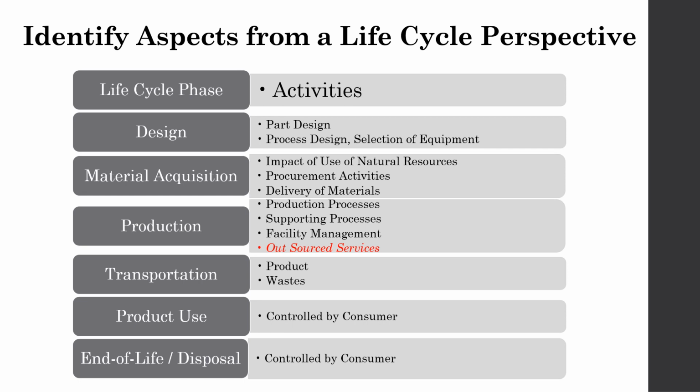Again, 6.1.2 is about identifying aspects from a life cycle perspective. Our aspects come from our activities, our products, and our services if we're a service company. And for all intents and purposes right now, we're going to focus on the aspects related to your activities. Again, whether it's in design, production, or transportation, there are things that you guys do that you can control or you can influence that will impact the environment.